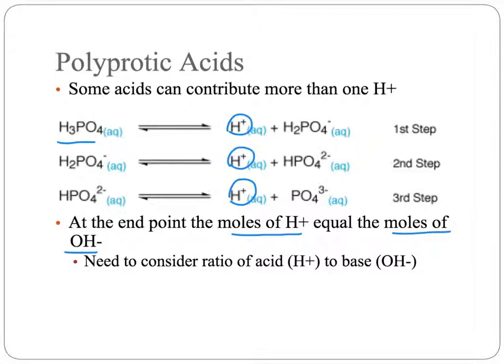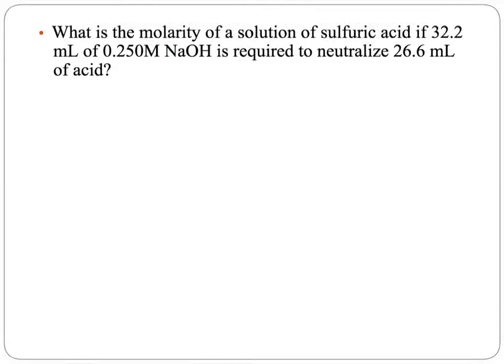But if there are 3 times as many moles of hydrogen being contributed by the acid, like you have in this example of phosphoric acid, then obviously you'd need 3 times as much hydroxide ion to even them out. So you need to be careful about considering the ratio of the ion contributed by the acid to the hydroxide contributed by the base if you have a polyprotic acid.